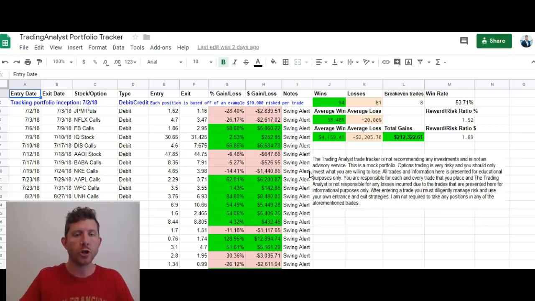I'm showing you this to show you we make money in the market. Our average win is almost twice as big as our average loss, all right? Our total gains since July are $212,000, just a little bit over that. So yes, we make money in the market, and it comes down to having a system and a process and something that's been proven to work.